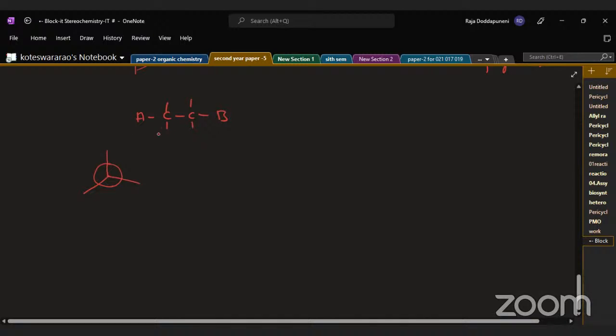First we are taking it as the eclipsed structure. The front carbon and the back carbon have the remaining groups the same. Now this is the first structure. This is known as the eclipsed structure, the eclipsed conformer.